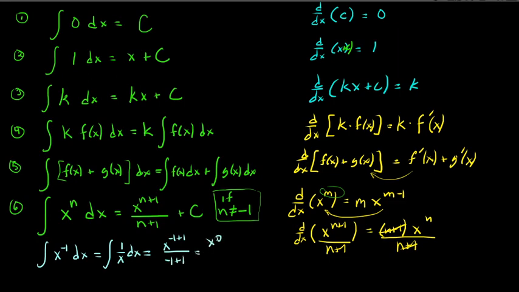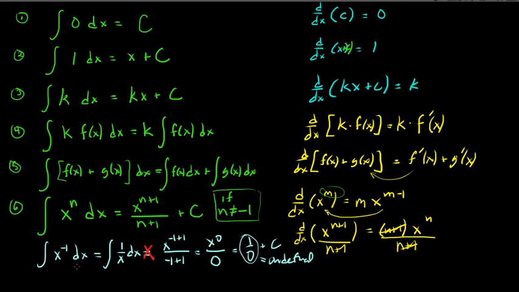So we get x to the 0, which is 1, but divided by 0. We get 1 over 0. So don't bother with the plus c here. 1 over 0 is not a number. This is undefined. So the point is that this just doesn't work here.